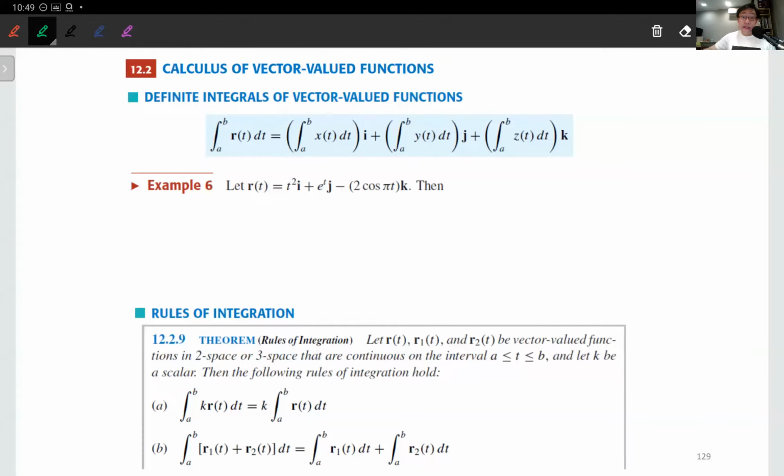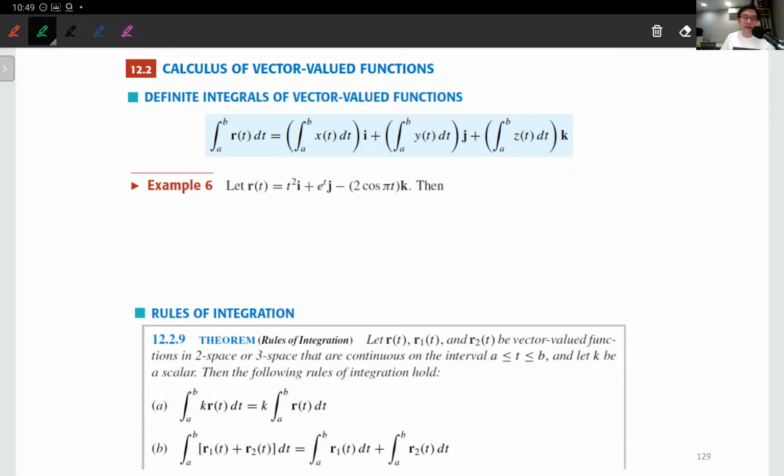The rest of the business that we're going to do is just, well, you have already done the limit, differentiation, derivatives. Why not the integration? Right? So, if you really want to integrate a vector valued function, what is going to happen? Correct. You do it component by component.